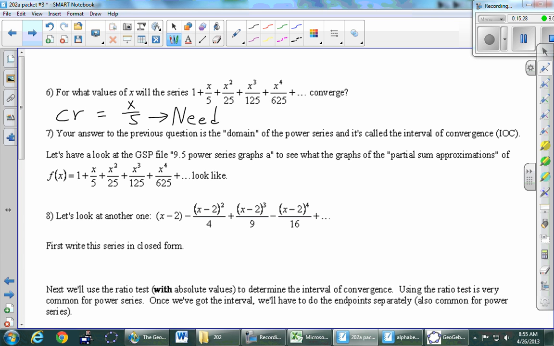And in order for the series to converge, we need that ratio in absolute value to be less than 1, right? That's the magic number for the geometric series. Okay, so that means that x over 5 must be trapped between what two numbers? -1 and 1.